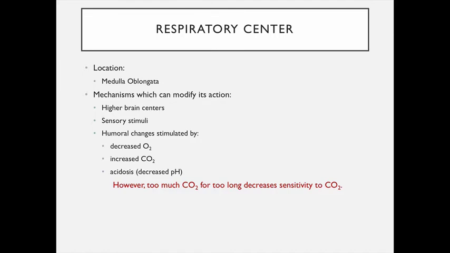But when carbon dioxide levels increase in the blood slowly over a long period of time, which would happen in a chronic disease, the respiratory center appears to lose sensitivity to that carbon dioxide, which means that increased carbon dioxide no longer is stimulating ventilation. And in those circumstances, decreased oxygen is supremely important because that's the primary driver for ventilation.